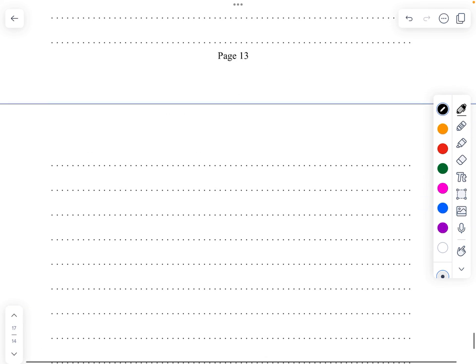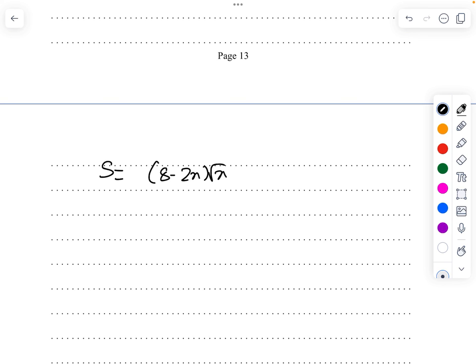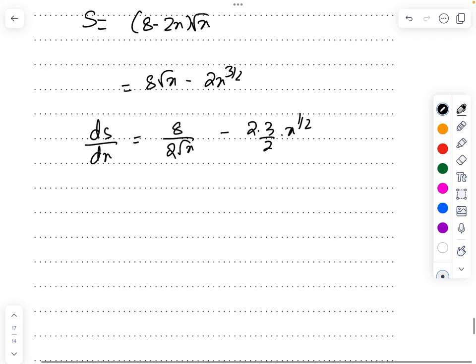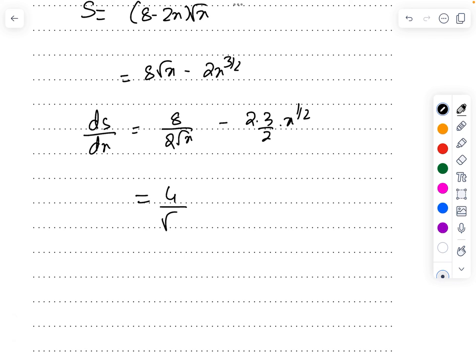So area equals base times height, which is 8 root x minus 2x to the power of 3 by 2. Now the first derivative ds upon dx is 8 upon 2 root x minus 2 times 3 upon 2 x power 1 upon 2. So it becomes 4 upon root x minus 3 root x.